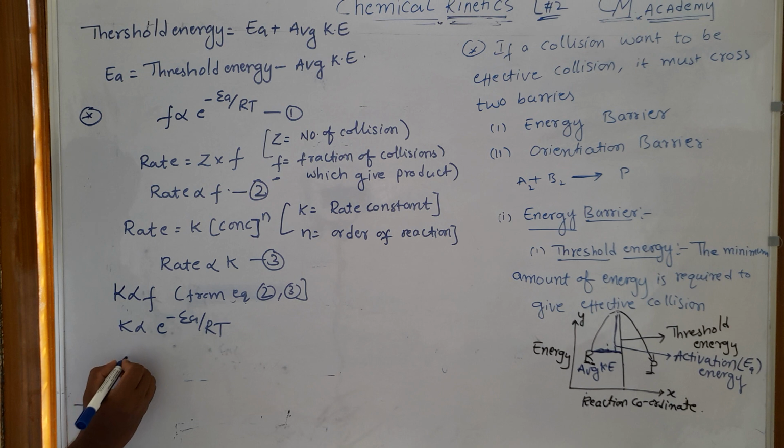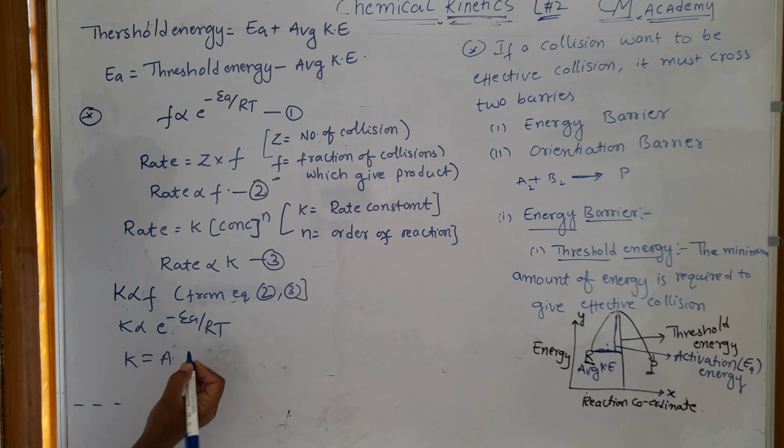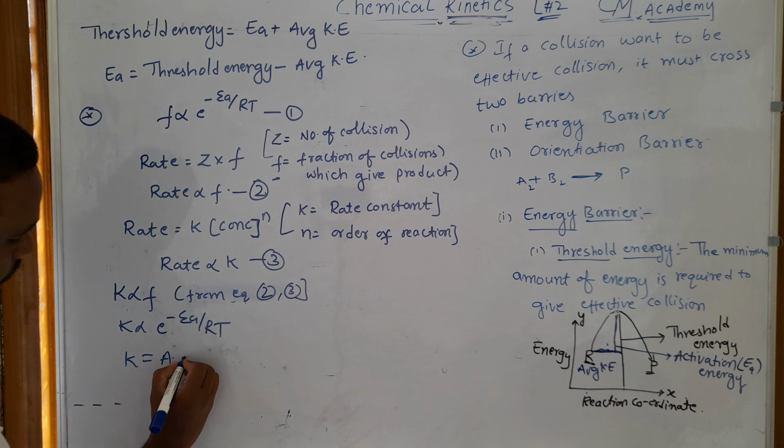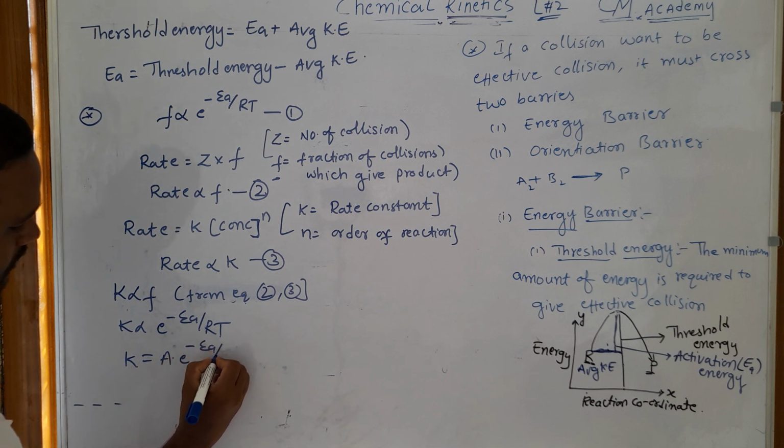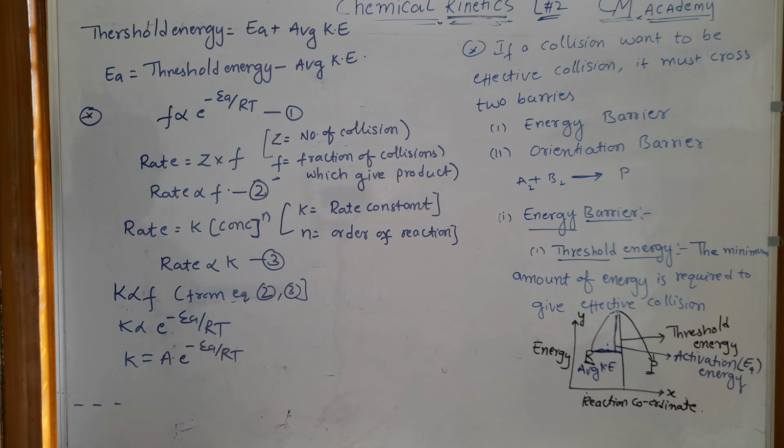So to remove this proportionality, we are going to keep a constant, that is A into e to the power of minus Ea by RT.